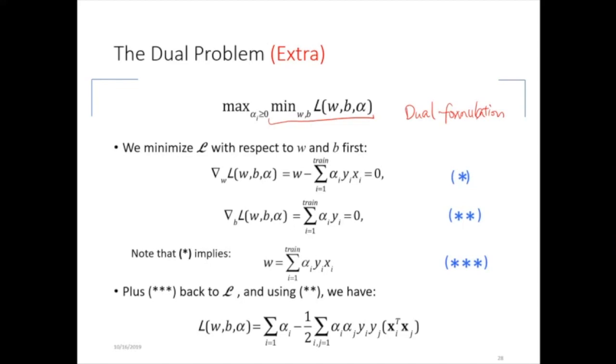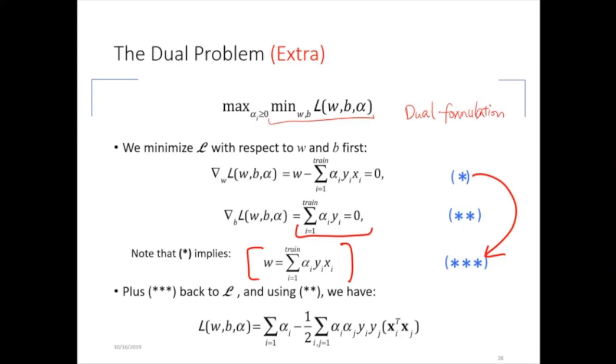So how do you minimize over W and B? Very easy. We had it before. Take the gradient, set it to 0. And you take the gradient, you set it to 0, you're going to derive the first thing: W equals summation alpha I, yi, xi. And the second you're going to get is this. Actually, there's some other constraint you can get.